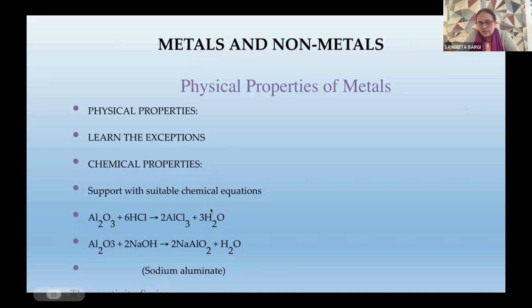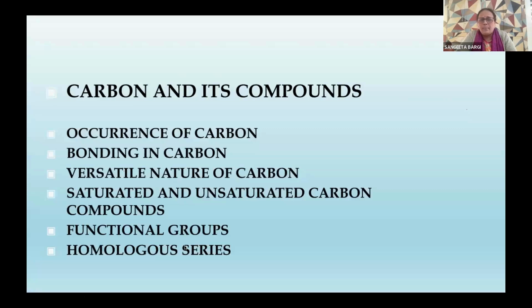But then you need to justify that here it is reacting with acid to give salt and water. At the same time, it is reacting with a base to give salt and water. So then the concluding statement will be, since it reacts with both, therefore it is known as amphoteric. So begin with the introductory part, support it with suitable chemical equations, and then write the concluding statement. That's how it will be.